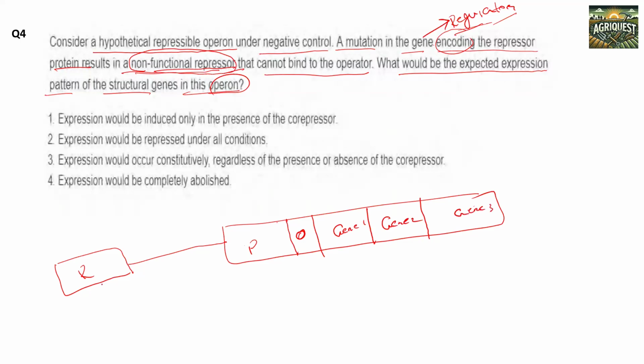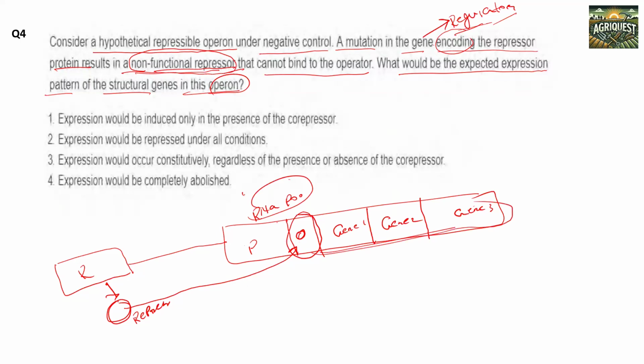Under normal conditions, the active repressor is produced. The active repressor protein binds with the operator segment and prevents the binding of the RNA polymerase, so these genes are not transcribed.